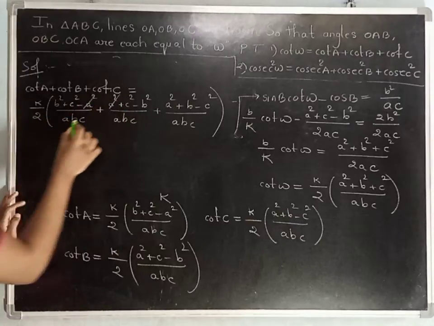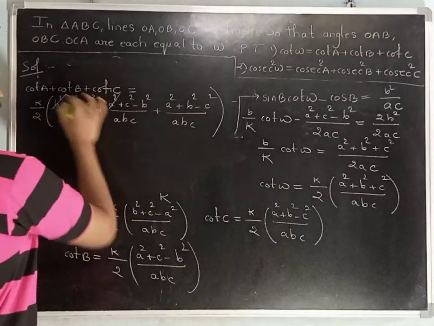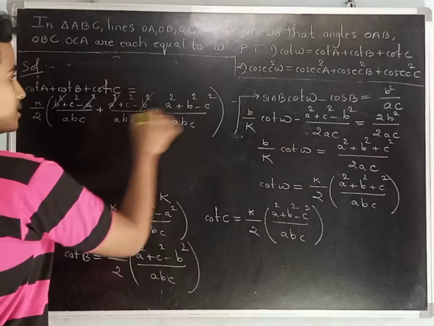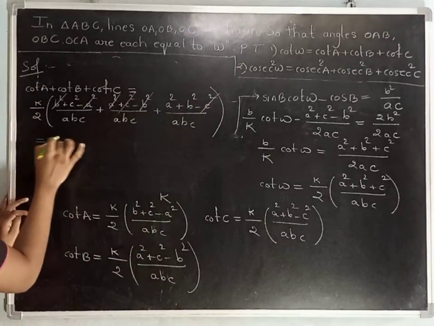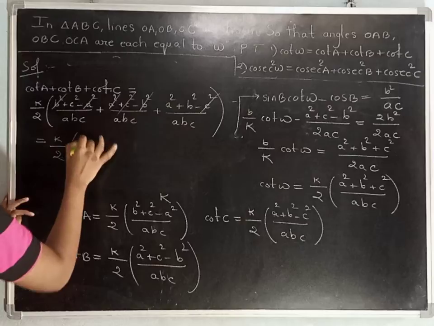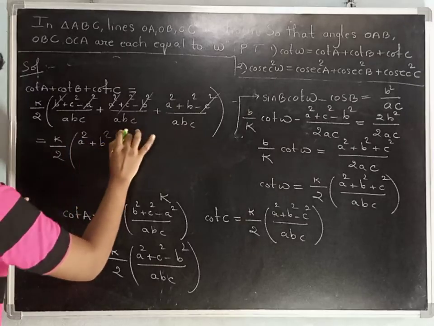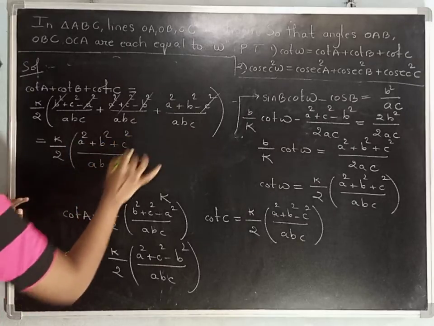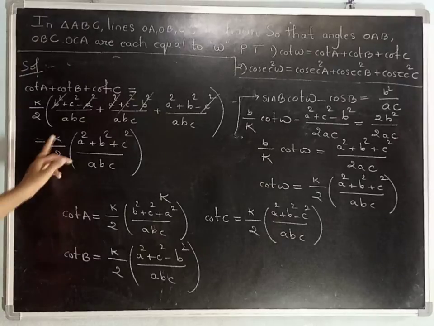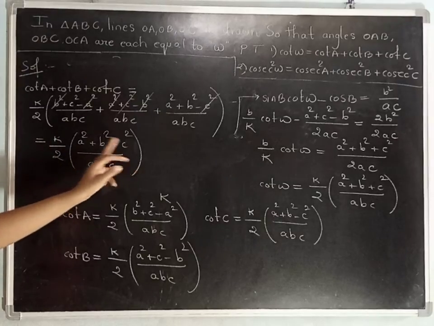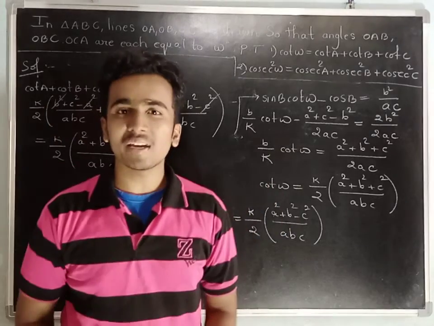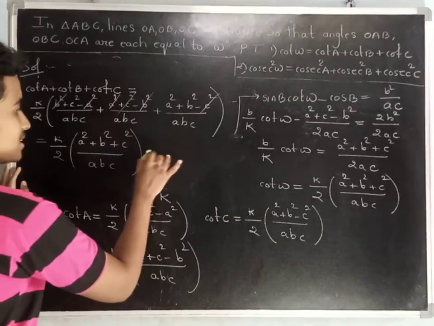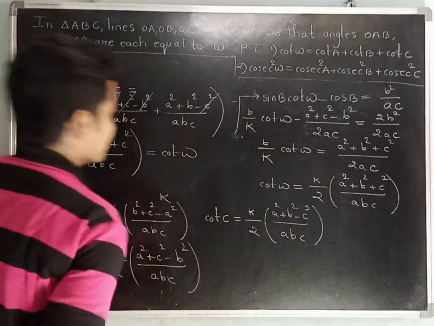A gets cancelled, b gets cancelled, and c square gets cancelled. Finally, I am going to get k by 2 into a square plus b square plus c square by abc. It's nothing but cot omega.